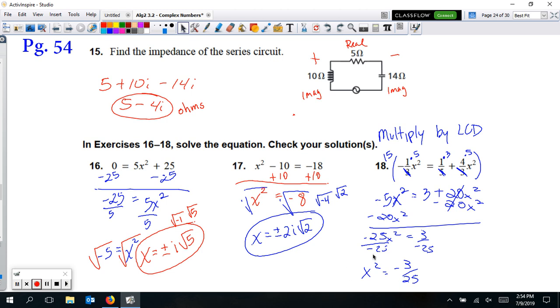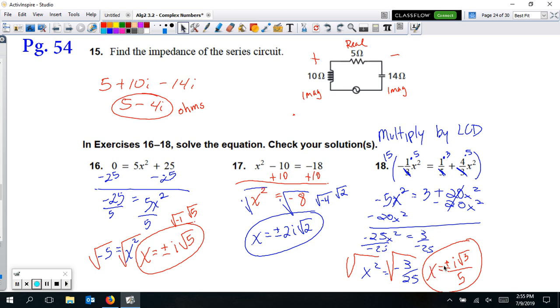So we're going to take the square root of both sides. That's going to undo the square here. So it's going to be x is equal to, now the negative is going to be an i outside of a square root of 3. This numerator is still going to have a square root sign. The square root of 25 is 5 on the bottom, so that's going to become a 5 on the bottom. So our answer here is going to be one kind of ugly fraction.